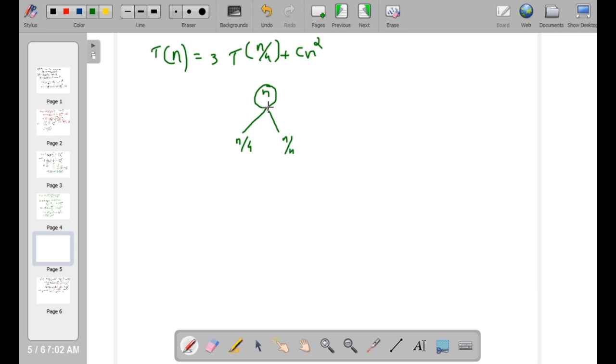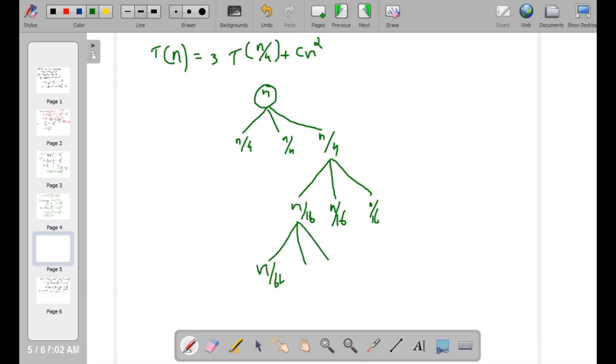N by 4, then another n by 4. Then this n by 4 problem will become 3 n by 16, n by 16 and n by 16. 3 n by 16 problems, and each n by 16 problem will become 3 n by 64, n by 64, n by 64.